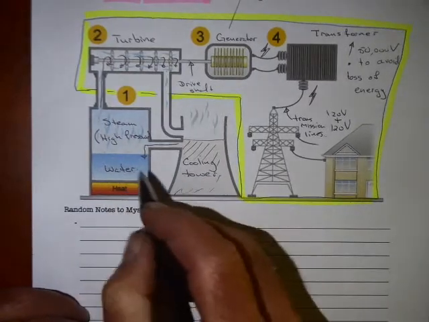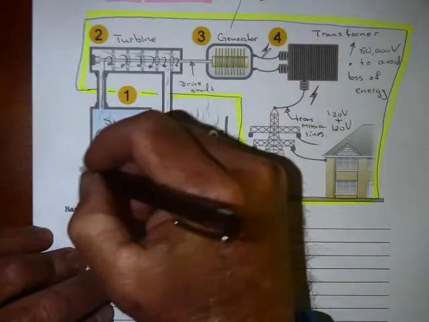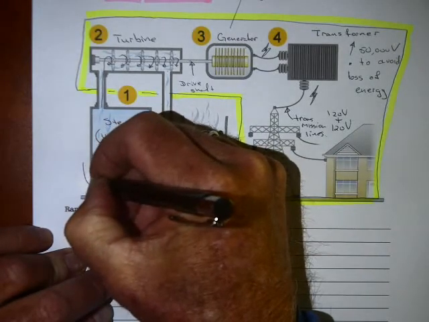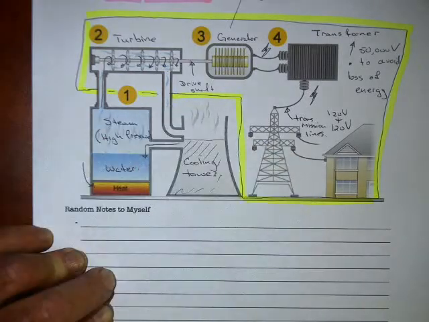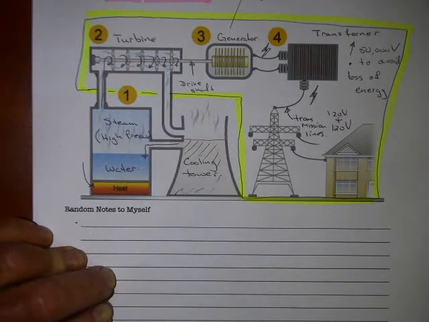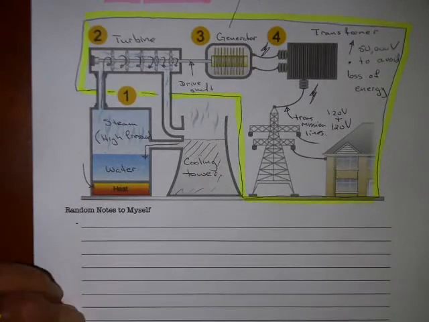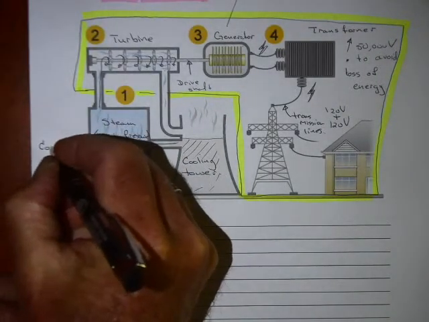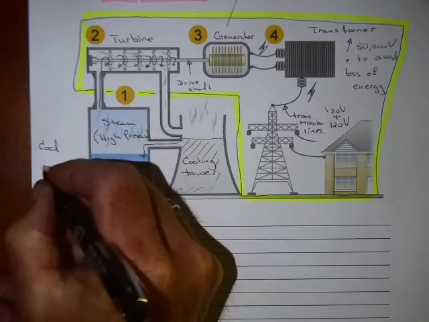Now, thermal power generation was the first real power generation that we've used historically. And in order to get heat, generally speaking, you have to burn something. And so traditionally what was burned was either coal or oil.